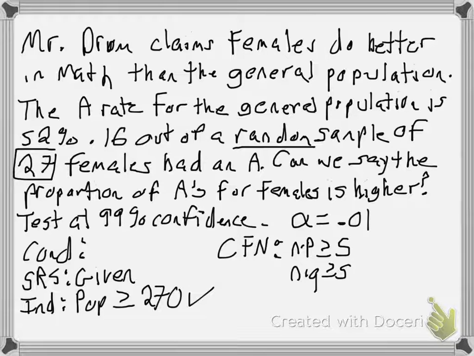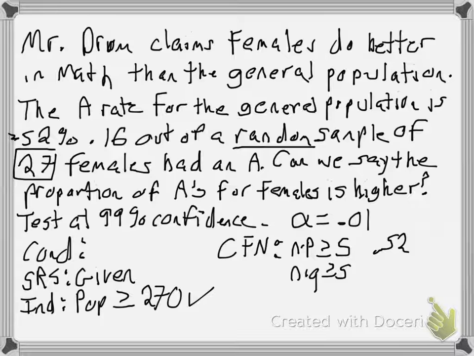So basically, 0.52. Where does the 0.52 come from? That's the 52% here. Remember, the 16 and 27 give us our p hat. That's not giving us p.